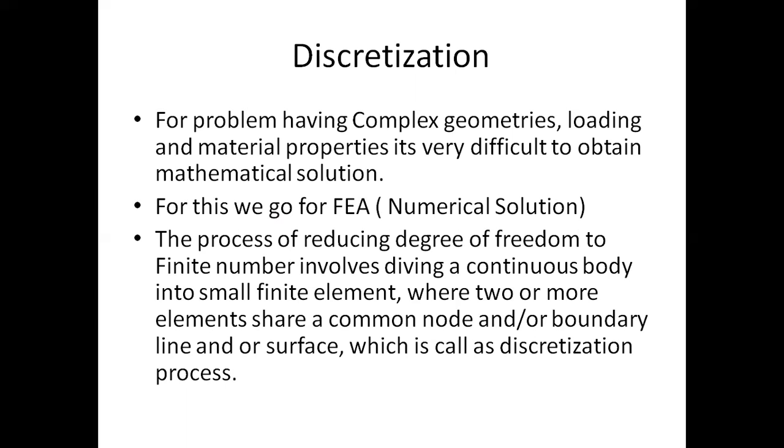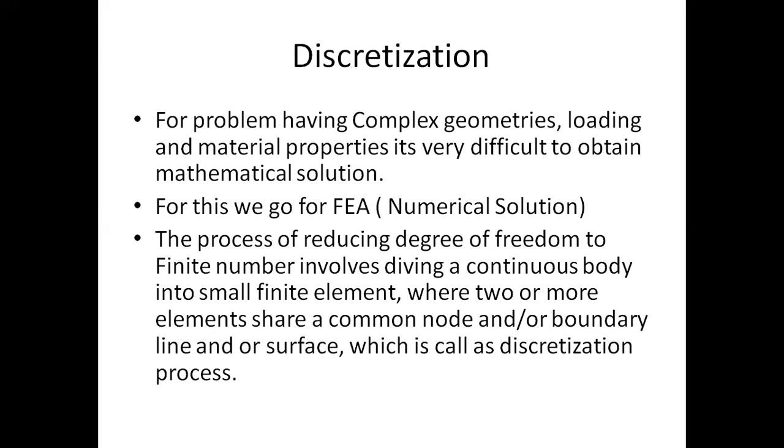It's called discretization. Okay, the process of reducing degrees of freedom to a finite number involves dividing a continuous body into small elements. Means discretization is a process in which the whole body with infinite degrees of freedom is converted into small finite elements where two or more elements share a common node, boundary condition, line or surface.